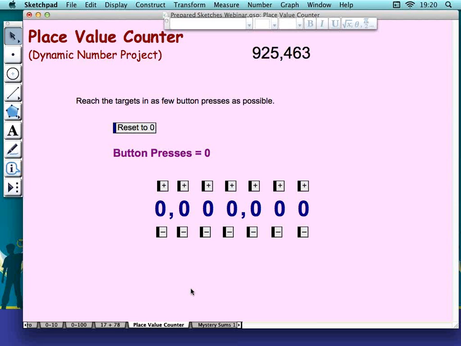And if all they do is follow a very simple rule, press 9 plus signs for a 9, press 8 plus signs for an 8, and so forth, they're not really relating the different places to each other. But by encouraging them to think about strategies to minimize the button presses, that really makes them think a little more deeply about how the places relate to each other and makes it less of a mechanical operation and more of a strategic process.